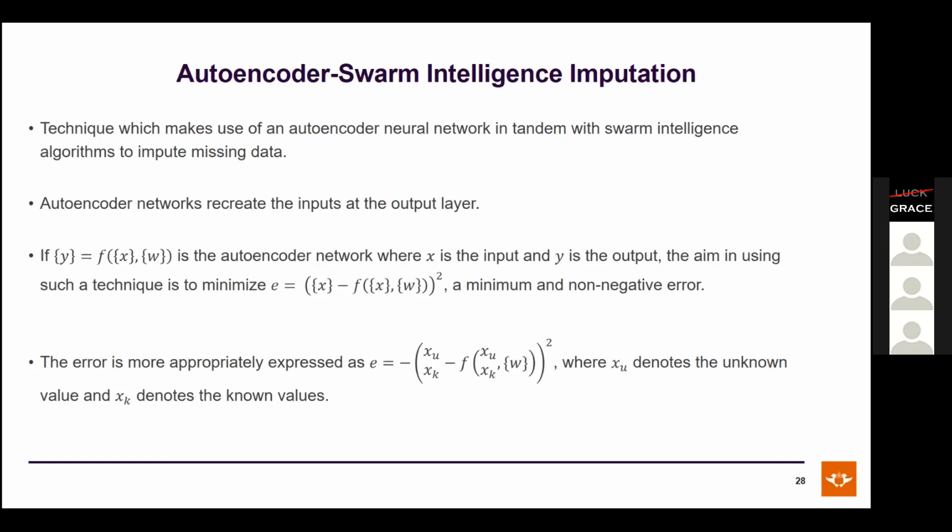And then there's a bottleneck layer. So if you look at an autoencoder network, it looks quite a lot like a butterfly in terms of architecture. Now, if we say that's the autoencoder network equation, where X is the input, W are the weights, and Y is the output. So in an autoencoder, Y should equal X.